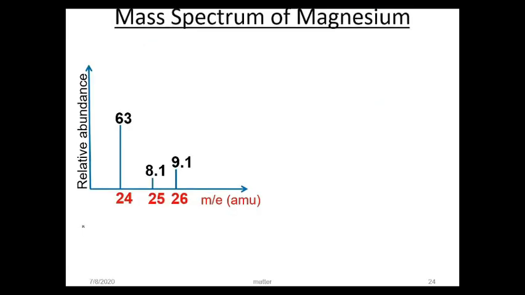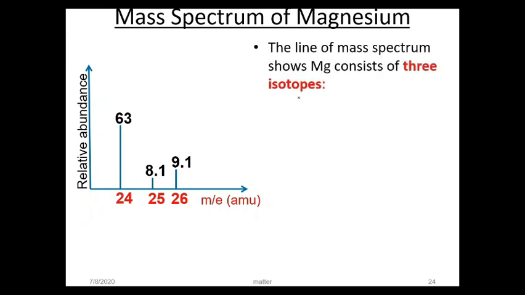I'm going to give you the mass spectrum of magnesium. The lines of the mass spectrum show magnesium consists of 3 isotopes, which are 24 Mg, 25 Mg and 26 Mg.